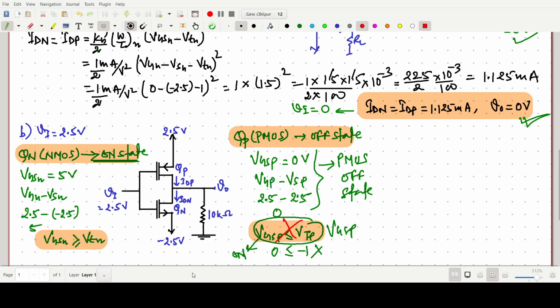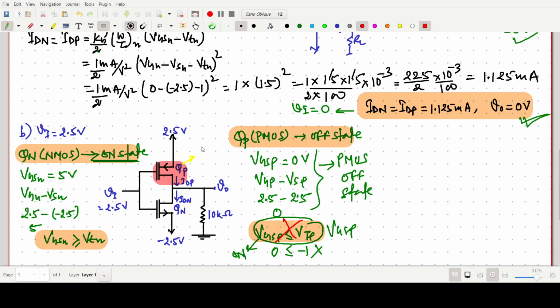This one is the on state condition, but 0 is less than or equal to minus 1, no. So this means this PMOS is in the off state. So this transistor is in the off state.